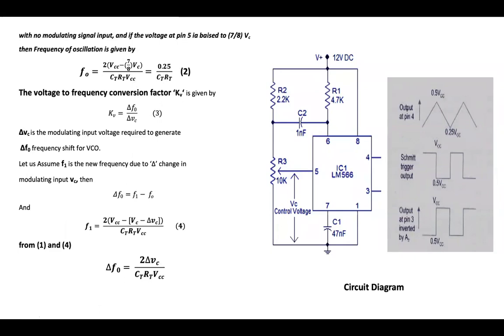I want it in the form of 0.25, so I'm just bringing this. Then I have the gain factor KV, which we saw as K previously: the small change in frequency divided by the small change in the voltage across the capacitor VC.